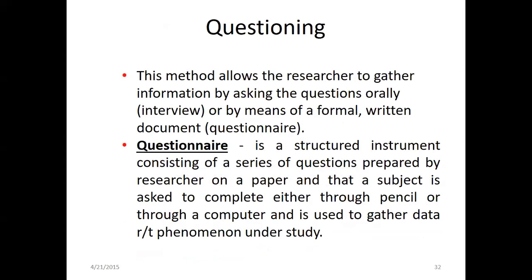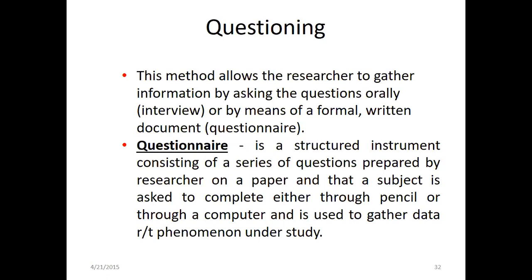First, we have questioning. This method allows the researcher to gather information by asking questions orally or by means of a formal written document called a questionnaire. So in questioning, you have two possibilities. It could be through an interview, that's oral, or it could be through a questionnaire, which is written form, okay?